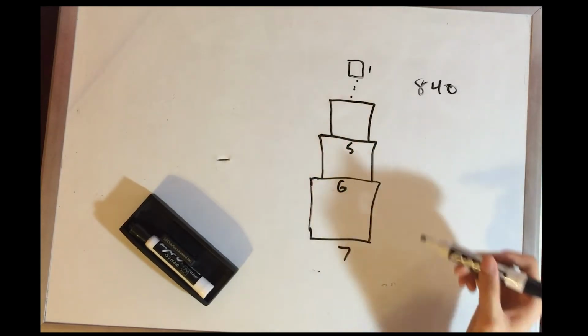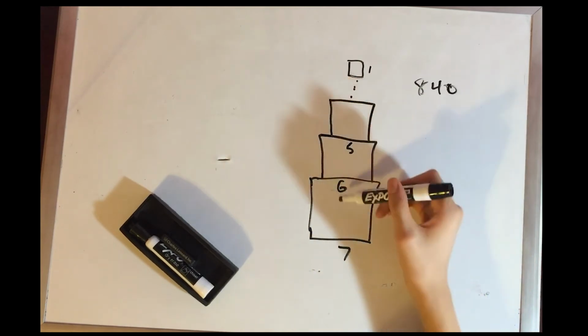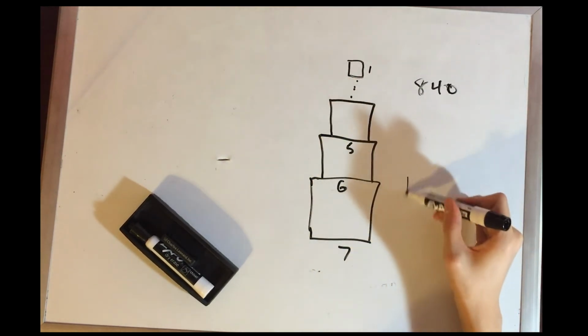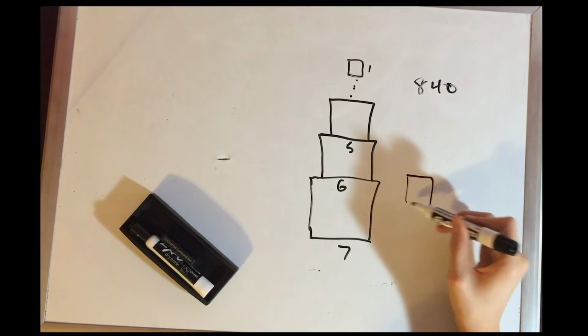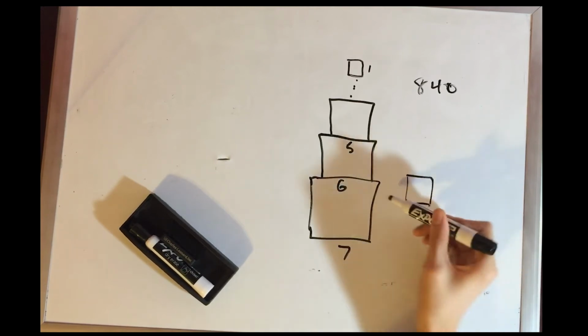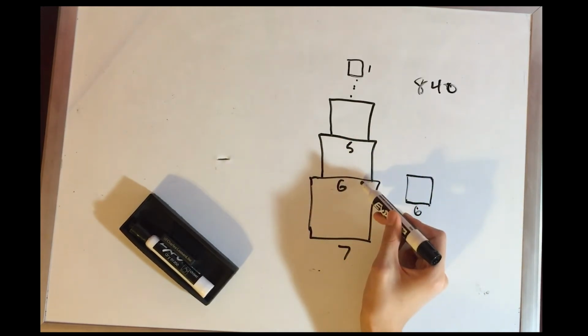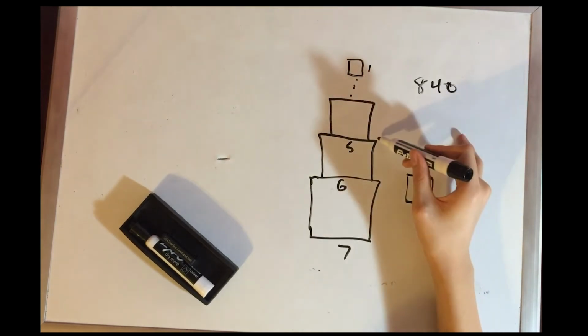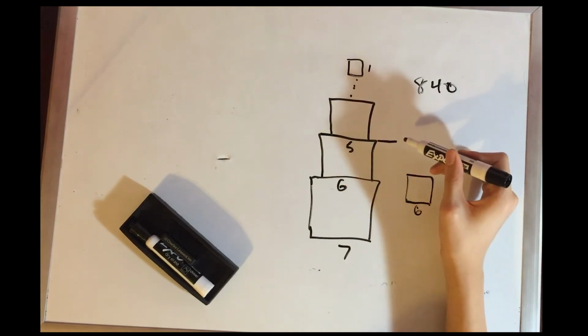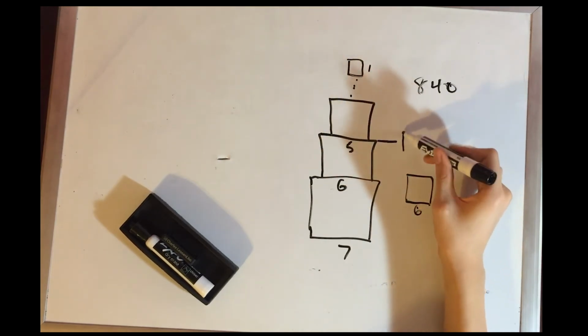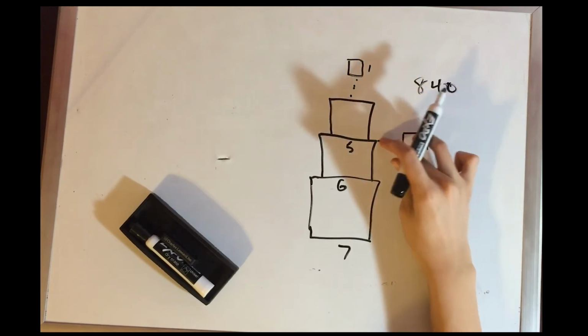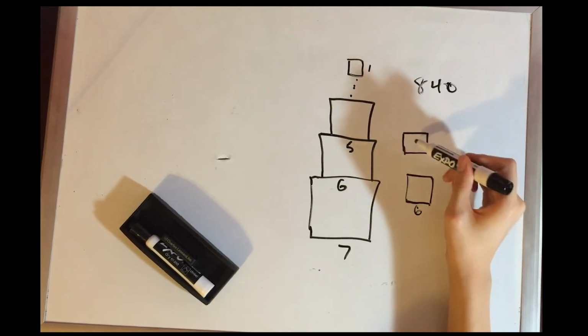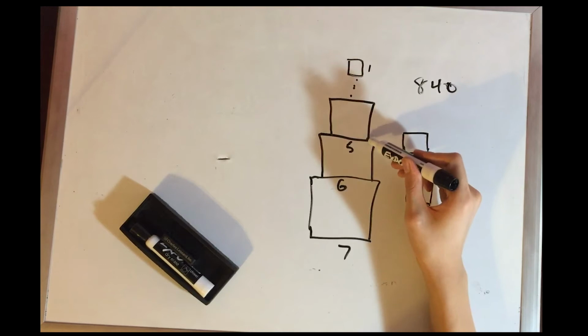So the entirety of the smaller cube's face will be on the larger cube's face. So if you look at it from a bird's eye view, kind of, but like a cross section of it, there's going to be a square of side length 6 that is being overlapped right here. And same thing right here. This is going to be a square with a side length of 5 being overlapped here.